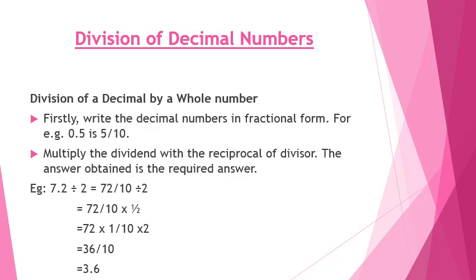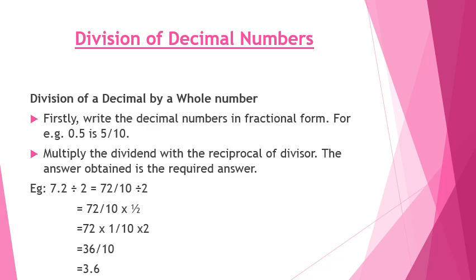So first step, we convert the decimal into a fractional form. That means there is one digit after the decimal, so it will be 72 upon 10 divided by 2. Now 2 is the divisor. So the next step in division of fractions is that the division sign changes into a multiplication and the divisor becomes a reciprocal.